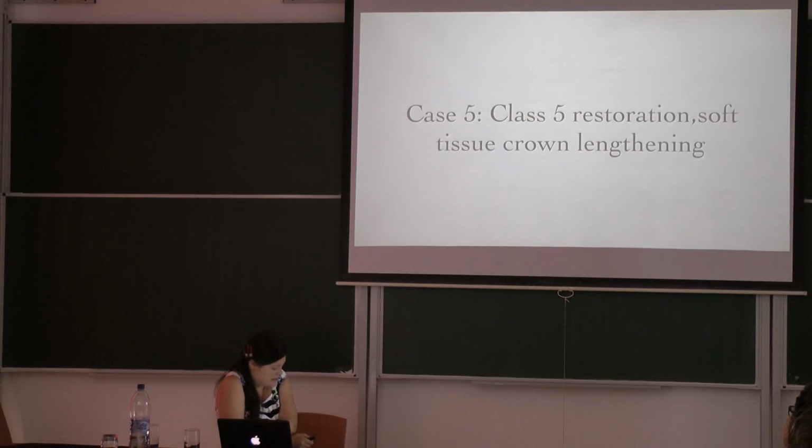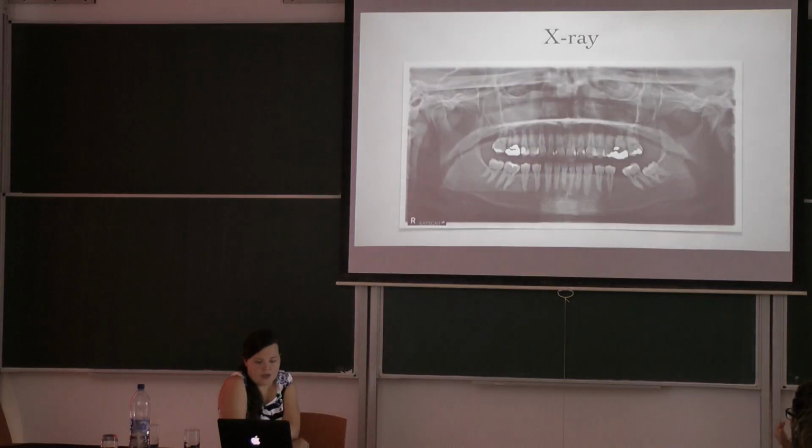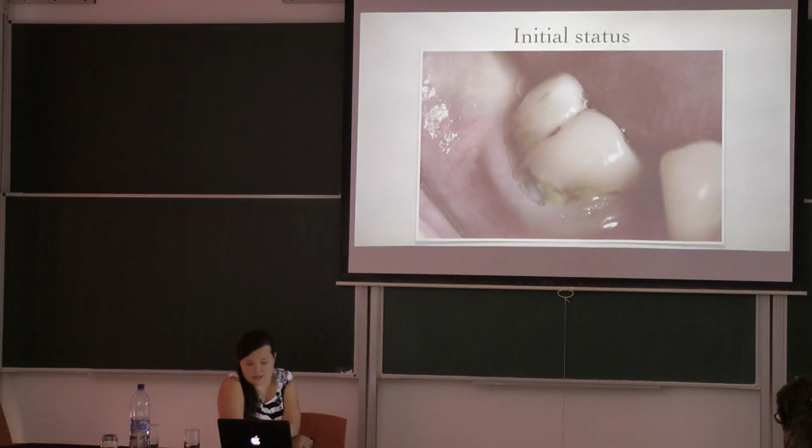So let's see some hard tissue treatment. This is a combination of a restoration, actually a filling, and soft tissue crown lengthening. Here you can see the X-ray. This is the tooth which has a decay on the neck, and this is how it looked before.